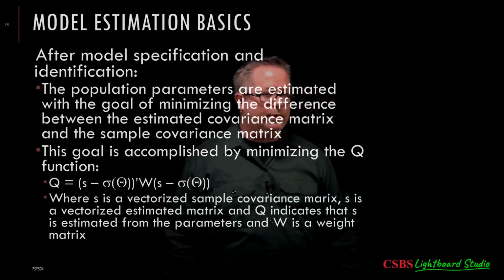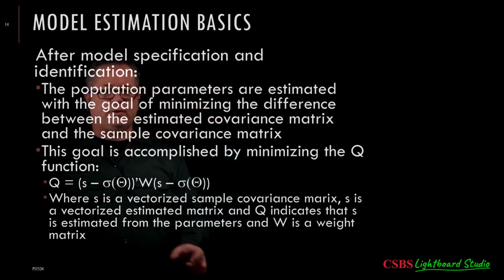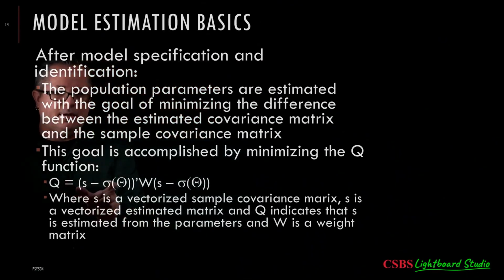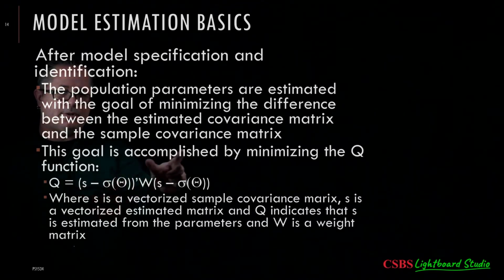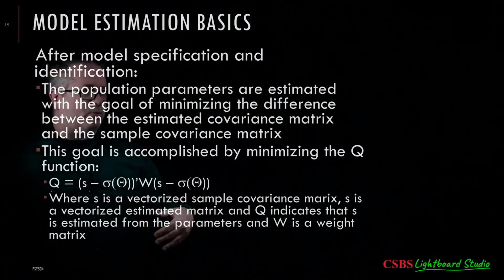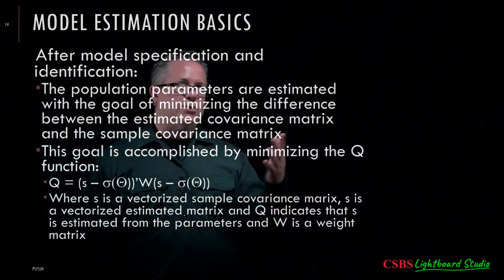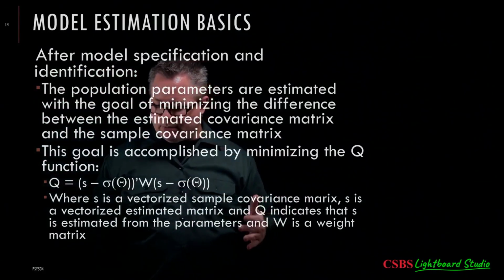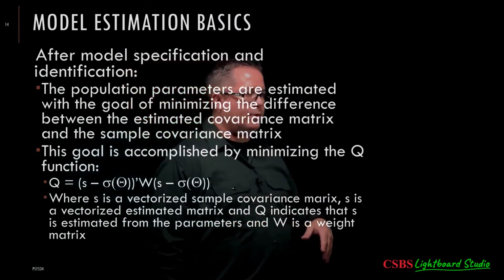Q is really just the squared difference between our data and model-based covariance matrices times some kind of weight matrix. Understanding the pieces of this, without really getting into the details of which weight matrix goes with which kind of estimation procedure, I don't really care about that so much. I just want you to understand what's going on.